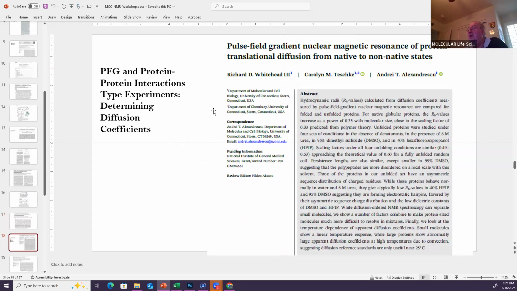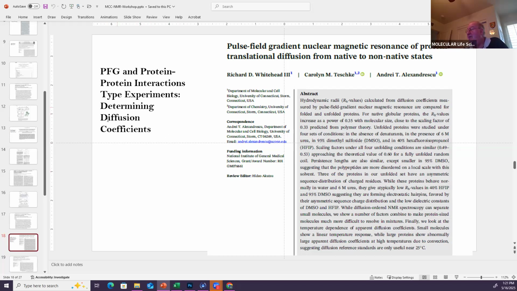Now, these are cool experiments, and we've done these with a bunch of different proteins. I don't know whether you're familiar with pulse field gradient NMR, but if you've got a machine that's capable of doing pulse field gradients, it's a really great way to look at both protein-protein and protein-ligand type experiments, because in essence, it's a way to determine the diffusion coefficient.